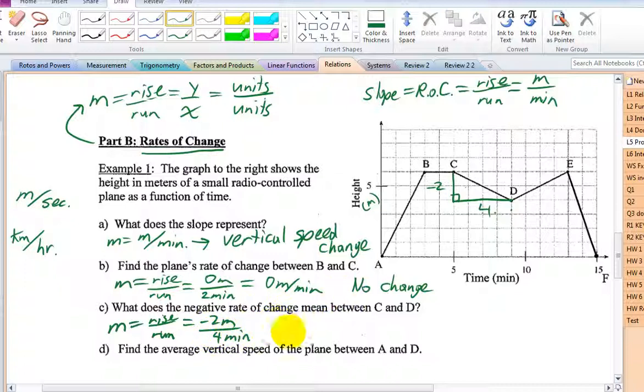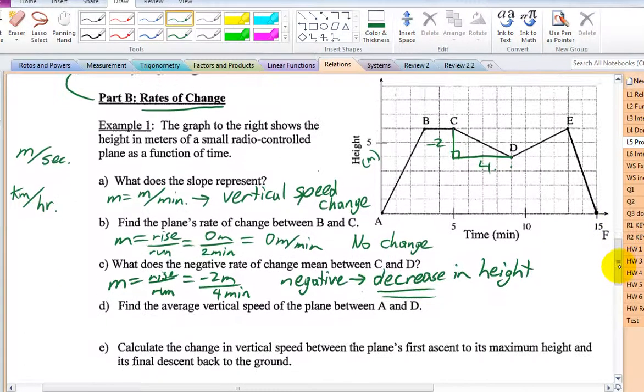So what's the negative sign mean? It means there's a decrease in height. So the negative sign only represents that it's a decrease in height. It doesn't represent the size of the slope, right? The slope here is 1/2. Okay, the negative sign is just saying that the plane is going down.